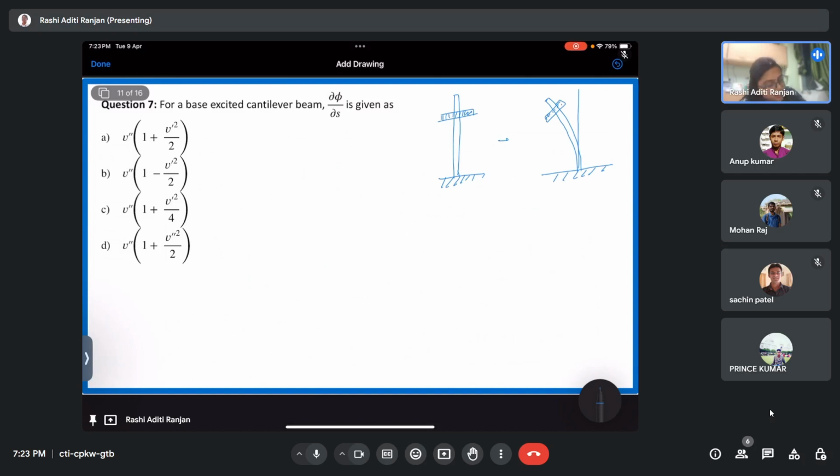Let us assume that this angle is your phi, this is your s, and this distance is your v. If I assume a very small deformation, my sine phi is going to be, tell me what?